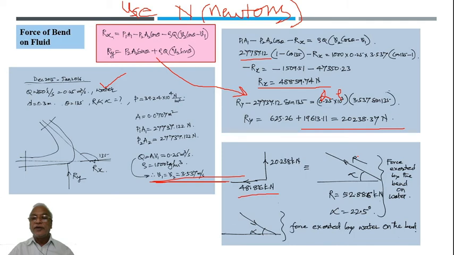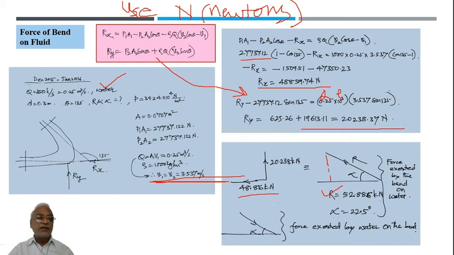I can find R equal to square root of 48.86 squared plus 28.4 squared. That's how I have calculated R. Alpha can be found as tan alpha, which will be equal to 20.24 divided by 48.86. So it comes out to be 22.5 degrees.